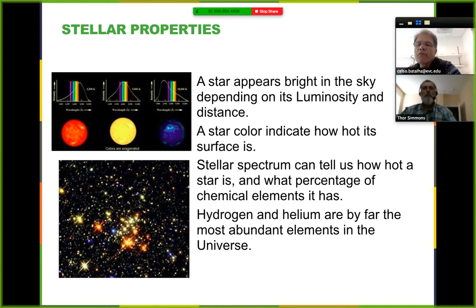You have three graphs that show intensity in the vertical direction by frequency or wavelength in the horizontal direction. And then you have the rainbows in there, which are the optical colors. And then you can see the red star. The red star is peaking, which means most of its flux in the intensity curve is peaking in the infrared, in color bands of a wavelength longer than that of the red.